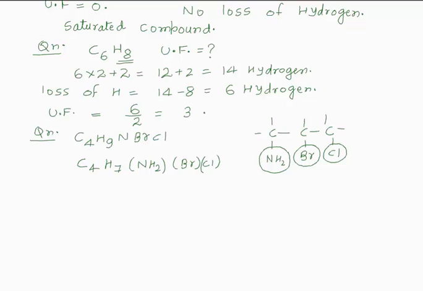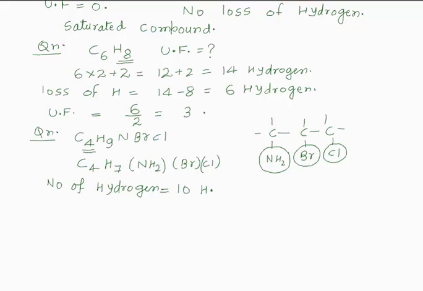So in this case, we have 7 plus 1 is 8, plus 1 is 9, plus 1 is 10 hydrogen. So we have 10 hydrogen.